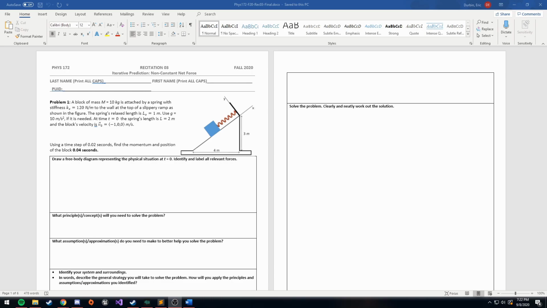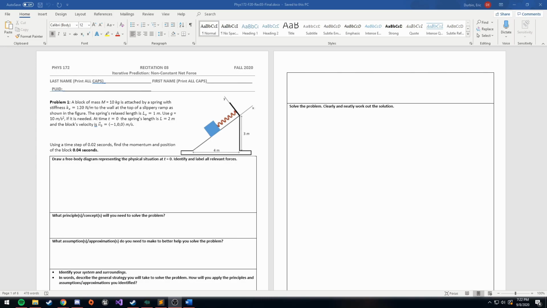The force of the spring would be 120, because that's the stiffness, times the displacement, the stretching, which would be 2 minus 1, because it is at 2 meters and the relaxed length is 1. So the force of the spring would be 120 going down the ramp direction, which we can find out the X and Y components of in a sec.